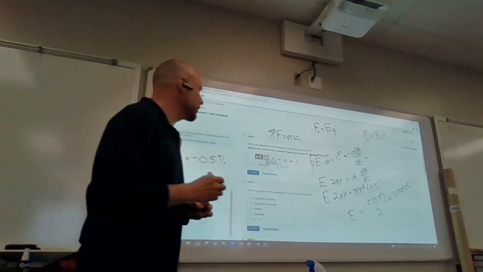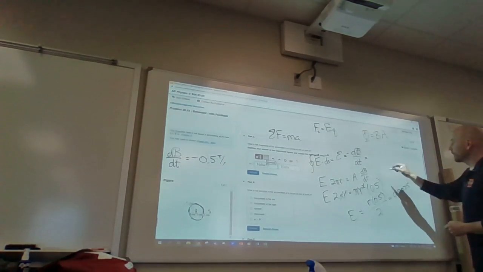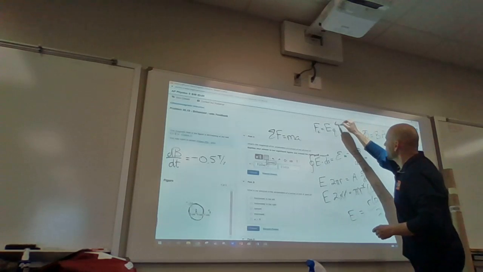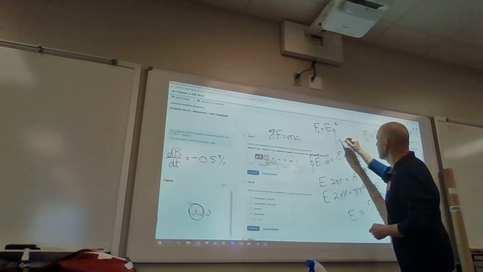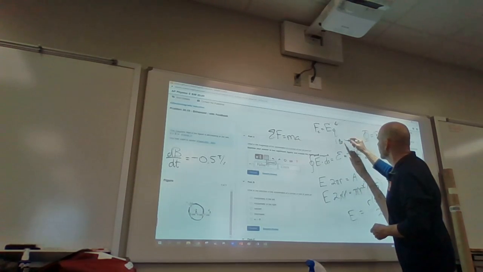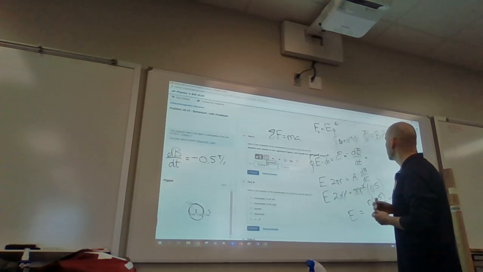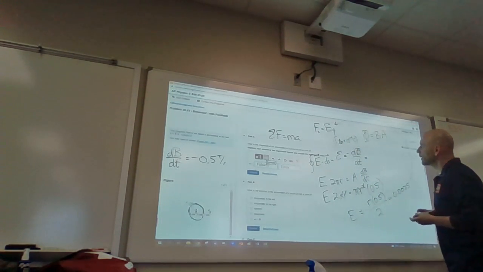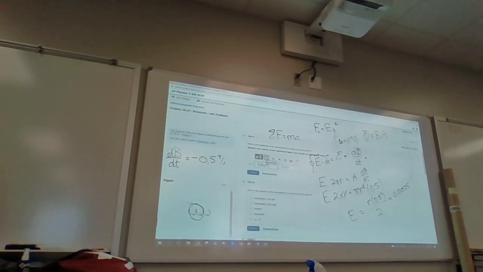Yep. Okay. So, and then I take that, multiply that by the charge. So times 1.6 times 10 to the negative 19th coulombs. I thought it was 1.69, but it's 1.60. Then divide by the mass.